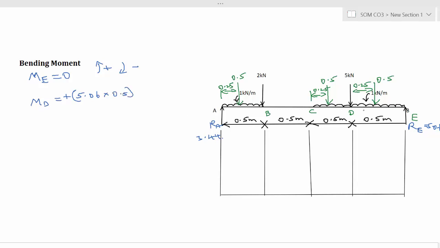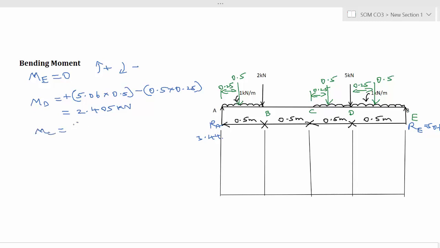And also in between the section D and E, the UDL is acting, and it is acting in the clockwise direction. So the magnitude is 0.5 and the distance is 0.25. So MD is equal to 2.405 kilonewton meter.